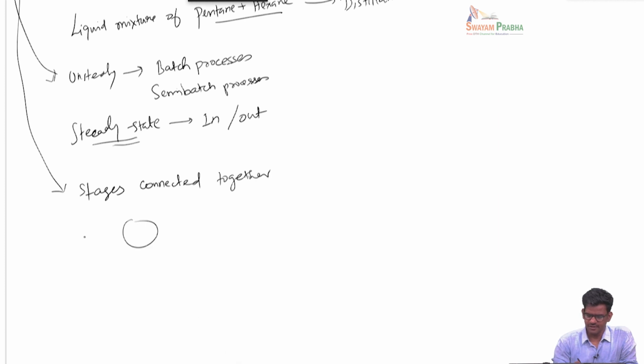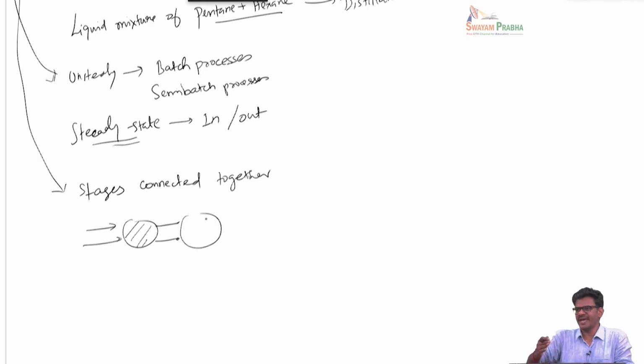If I denote this as one stage, two phases come in here and are allowed to contact here, and are physically separated, and then this can go into another stage. So you can have a cascade of stages. Connecting stages together is called a cascade. This is to ensure more contact time and better recovery.